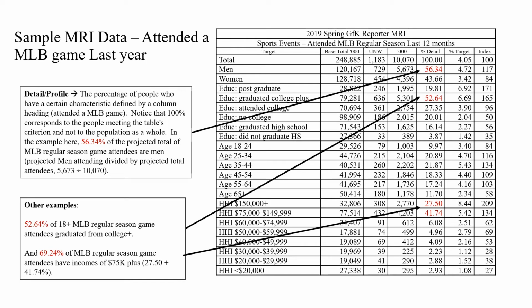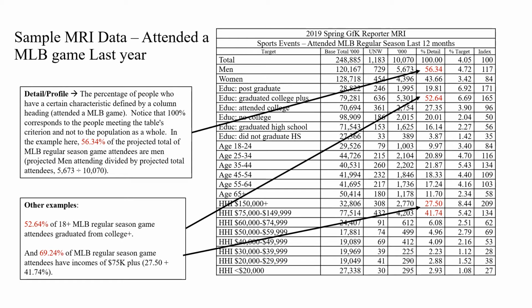And this calculation is made by dividing that 5,673 by the 10,070. If you look at the number right below that, the percent that graduated college that attended the game is 52.64%. Of course, you can see then how those numbers are calculated in each case. But each one of those is called a profile.